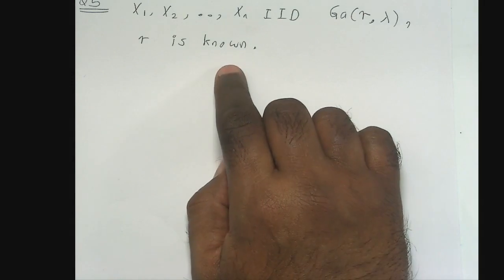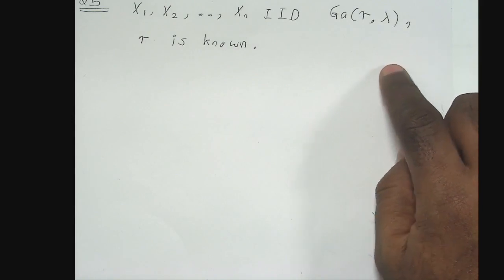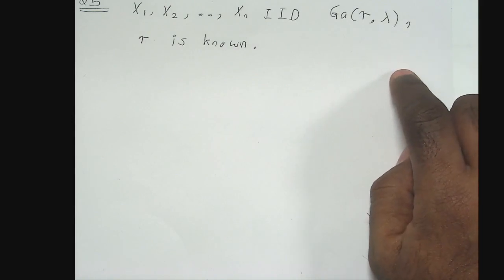So the only parameter that is unknown is the parameter lambda. So this is basically a scalar MLE problem, an MLE problem with just one parameter.